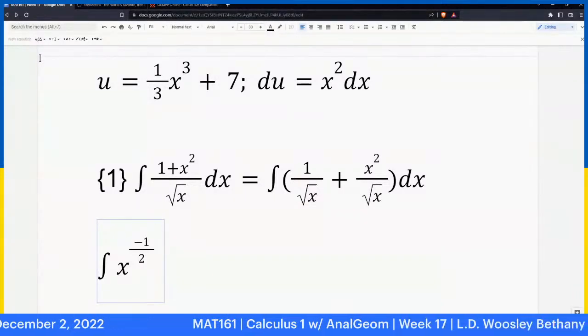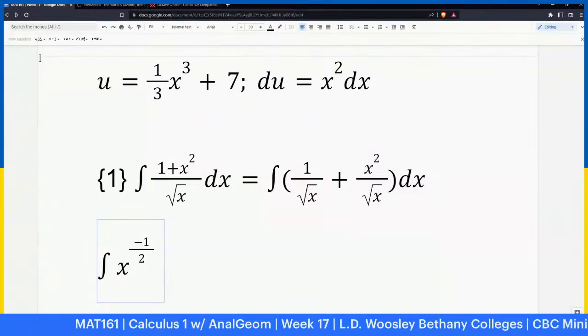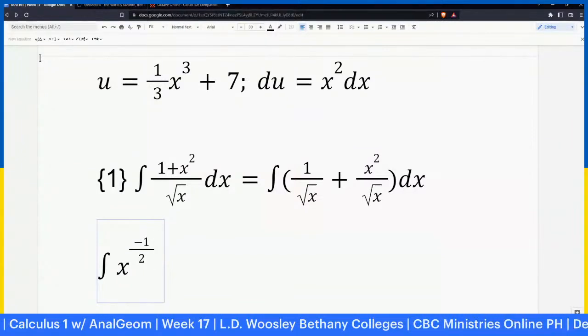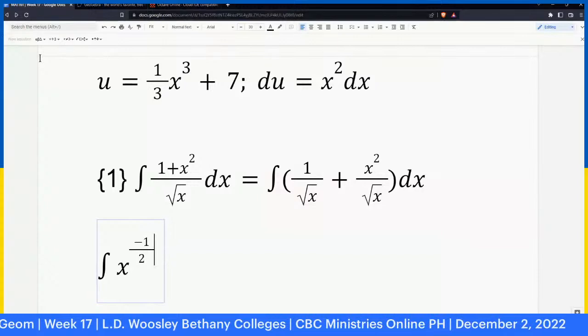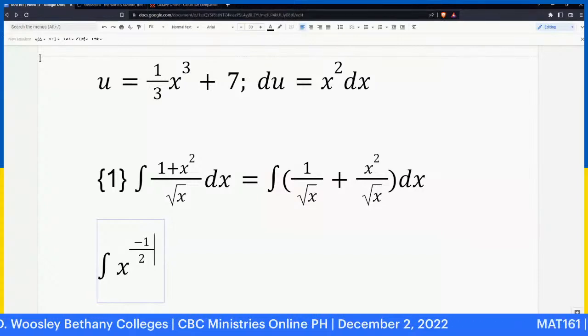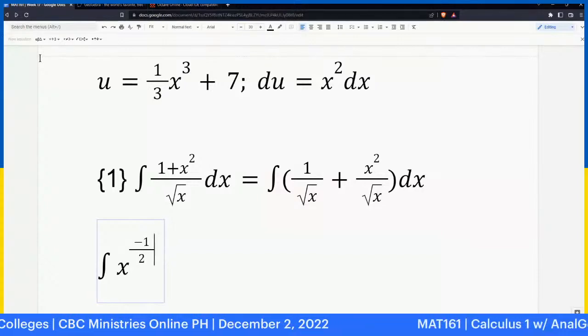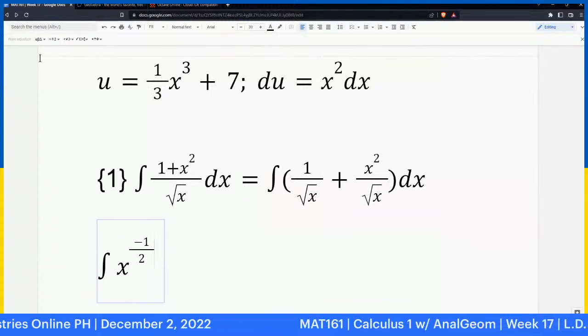Negative x po, sir. Okay, hindi negative x. Kasi x squared divided by x raised to 1 half. You just subtract.